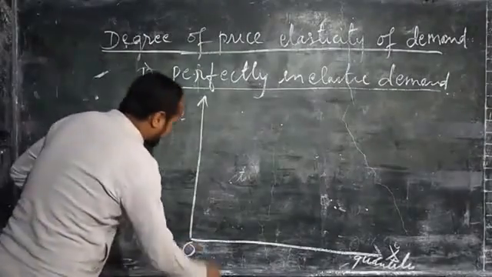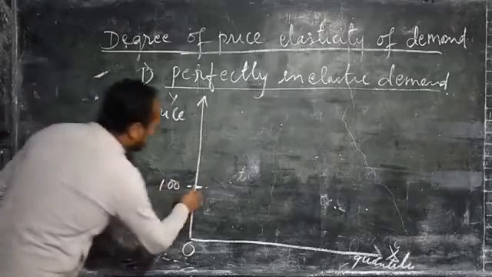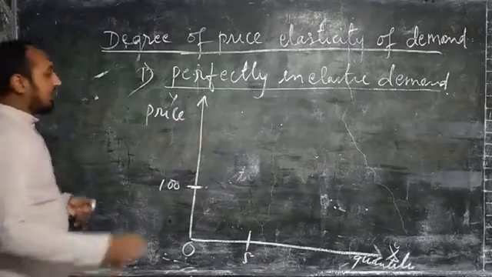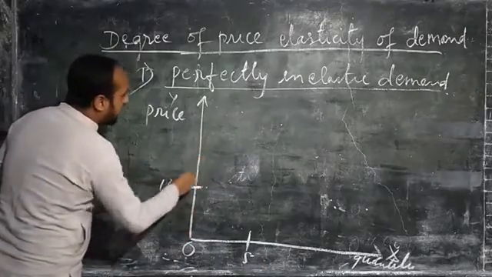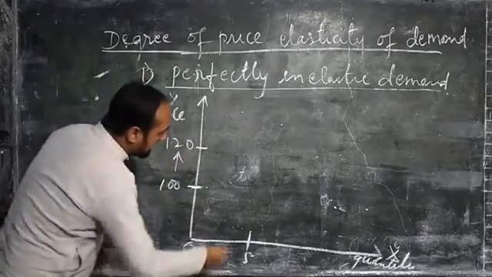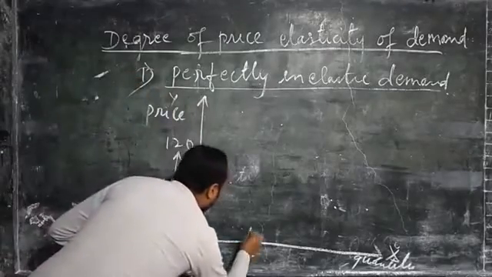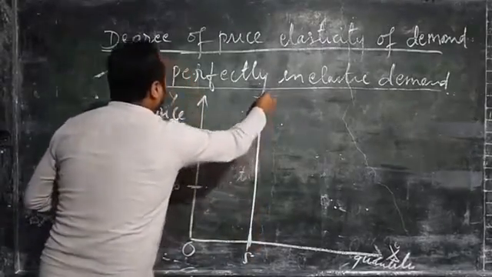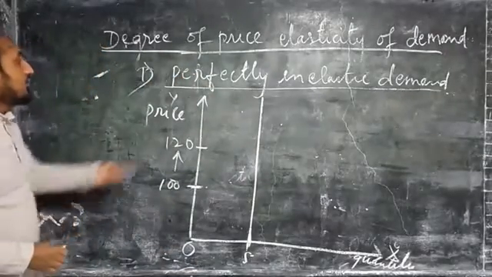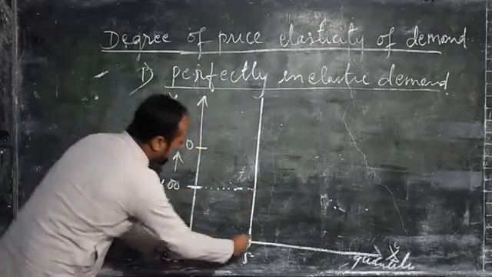Now suppose the initial price of the commodity is 100. At rupees 100, suppose the quantity demanded is 5 units. Now, when the price of the commodity changes from 100 to 80, at that time also the quantity demanded will remain 5 units. So here we will get the demand curve for perfectly inelastic demand. It will be parallel to the y-axis. When the price of the commodity is 100, quantity demanded will remain 5 units.